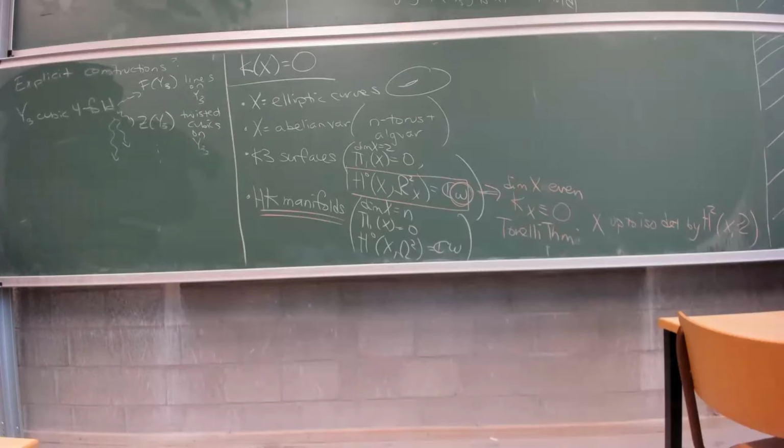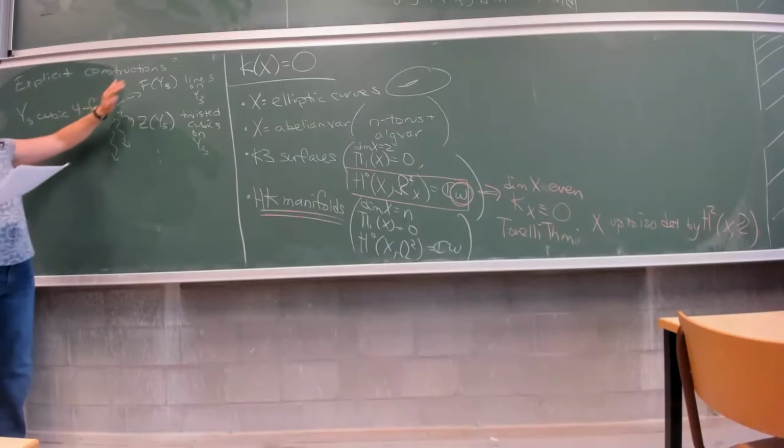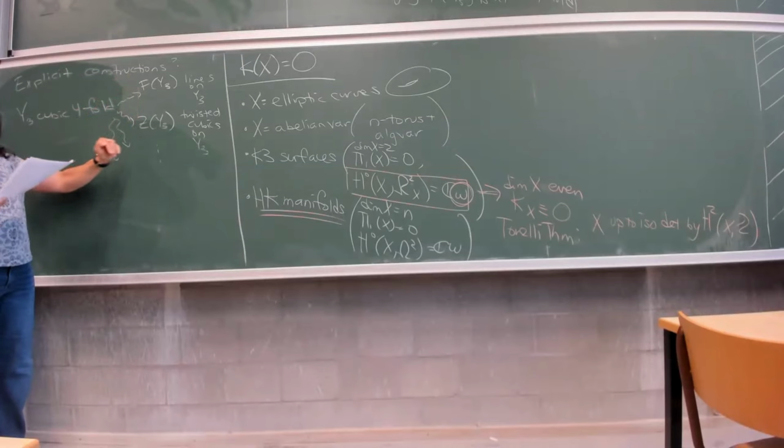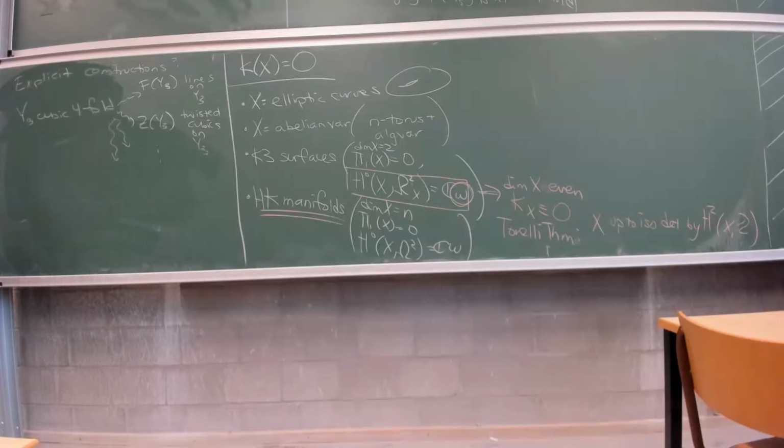And it turns out that this relationship between the cubic and the hyperkähler that we produce is often reflected at the level of derived categories. If we look at the derived category of this cubic fourfold, it has a very explicit description.